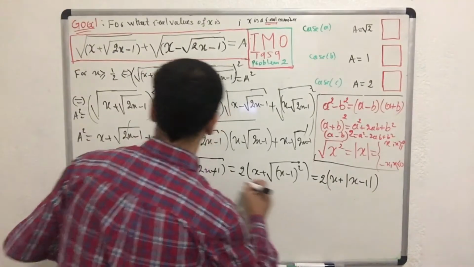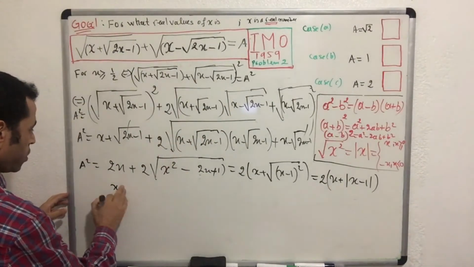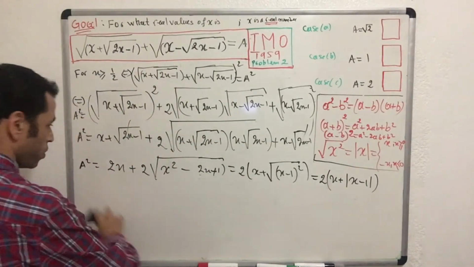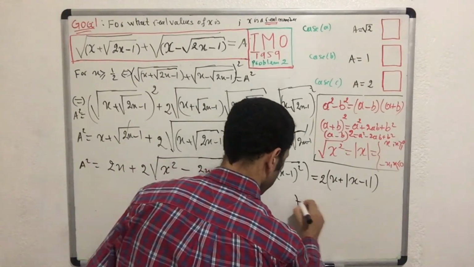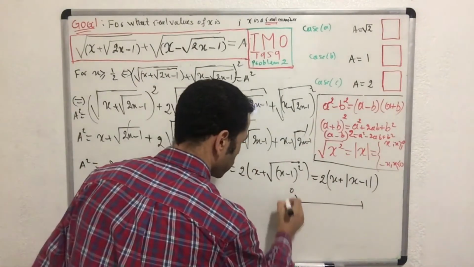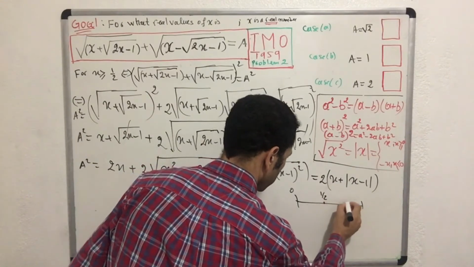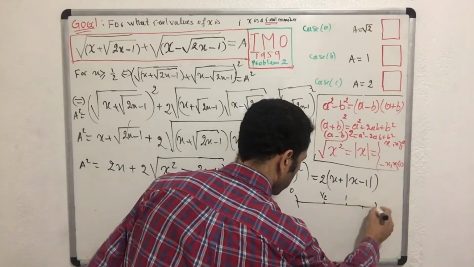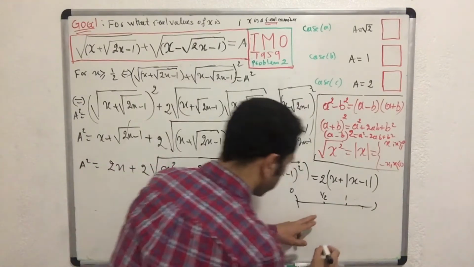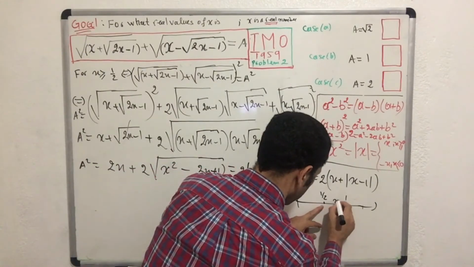Remember, here, this is my interval, okay? This is 0, this is 1 over 2, this is number 1, okay? And so on. X now is playing in this interval.